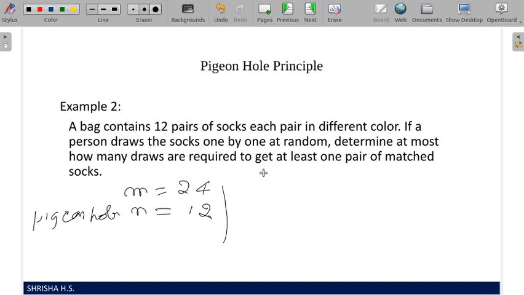At minimum, if it were asked, then the minimum is 2. You pick one, you get red, and you pick another one, you get red. That's the at least.